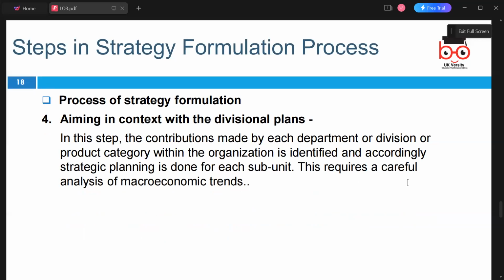Also, the aim in context with the divisional plans is the contribution made by each department or division of product category within the organization, which is identified, and accordingly strategic planning is done for each subunit.